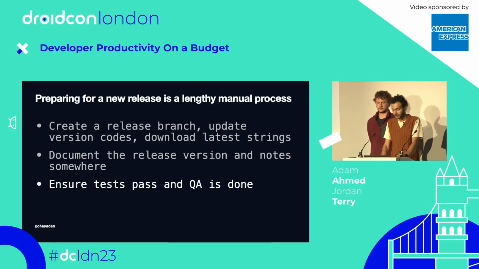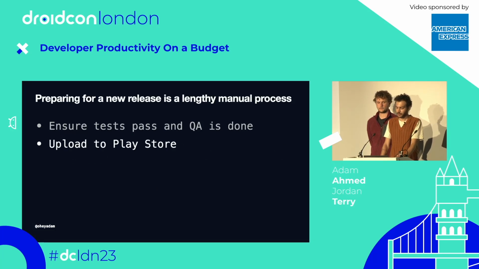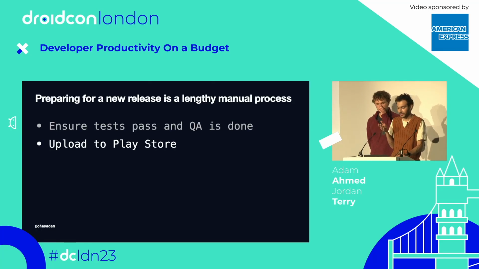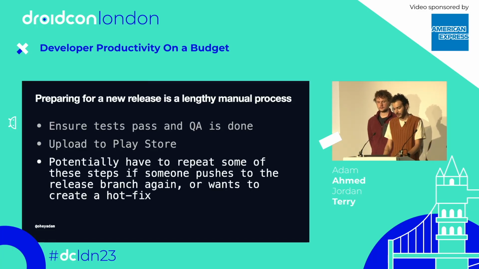Once all of that is done, you upload this version to the Play Store. But sometimes teams find problems and need to merge fixes before you actually release. That means you potentially have to repeat some of these steps if someone pushes to the release branch or wants to create a hotfix.